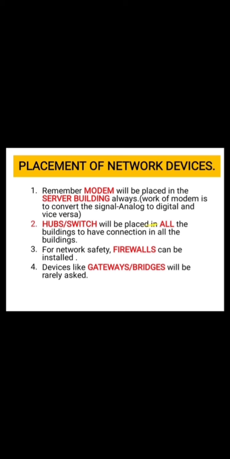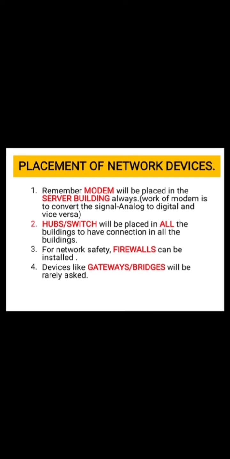Hub and switch can be placed in all the buildings because they are used to join your network. For network safety, we can use firewalls. Devices like gateways and bridges will be rarely asked, but you should know this.